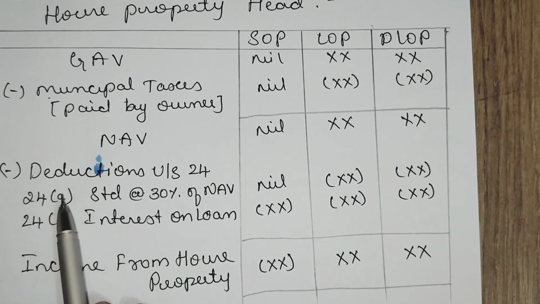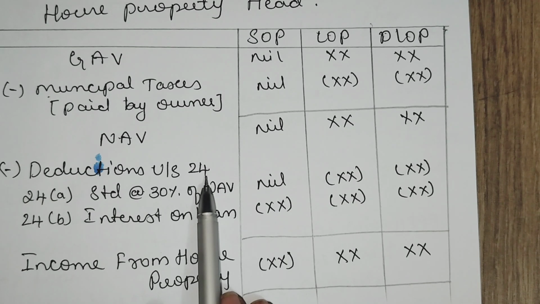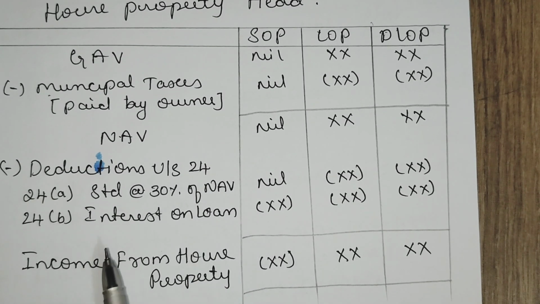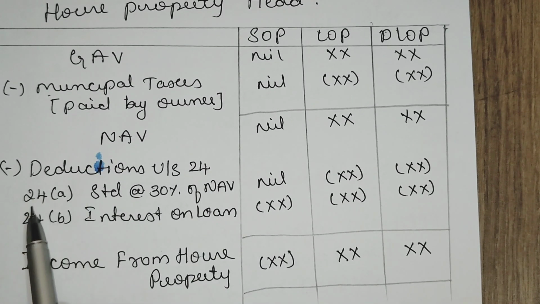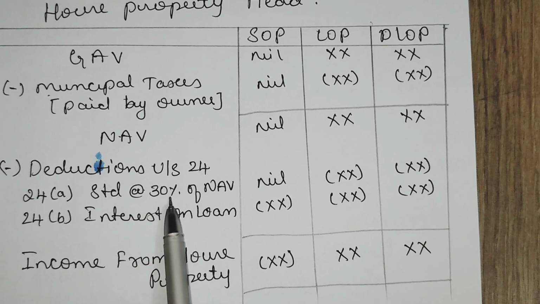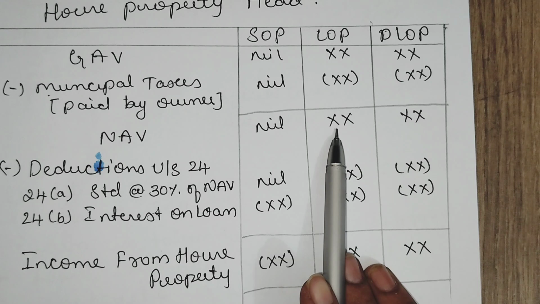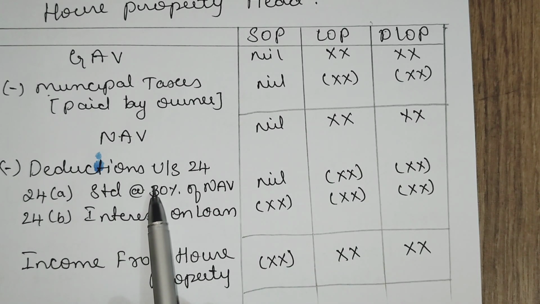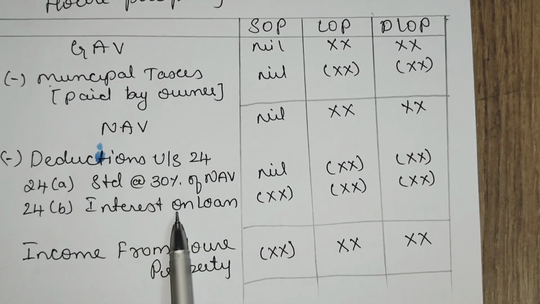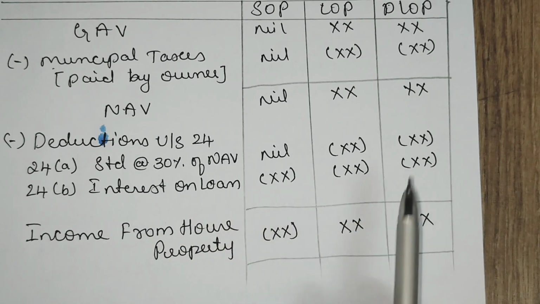As we already know, deductions will come under section 24. Under section 24, we have two subsections, that is 24A and 24B. 24A is the standard deduction at 30% of net annual value. On net annual value, 30% will be considered for deductions, and interest on loan will also be taken.